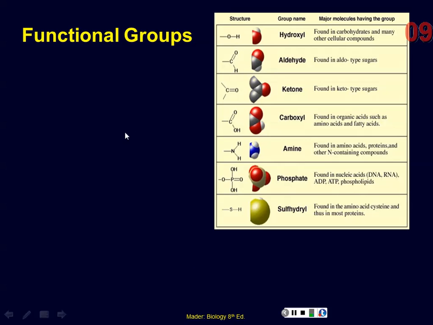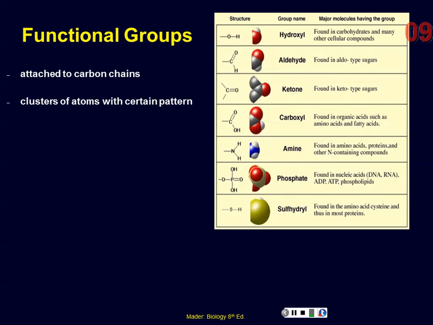A functional group is just a group of atoms that has a certain pattern. They like to hang out together, and we see them attached to these hydrocarbon chains in these organic molecules. It's a cluster of atoms with a certain pattern, and we see them on these molecules.